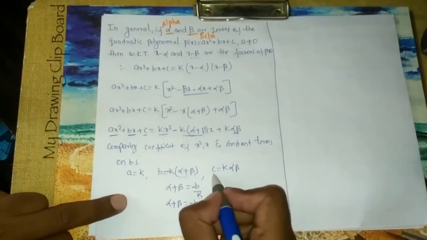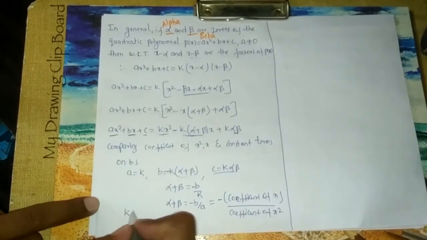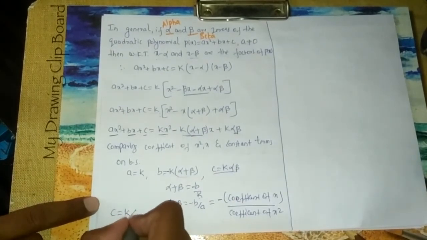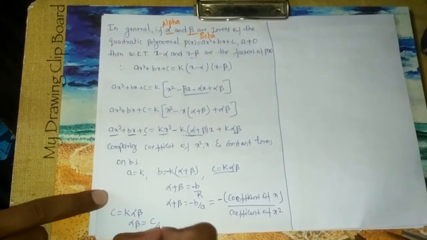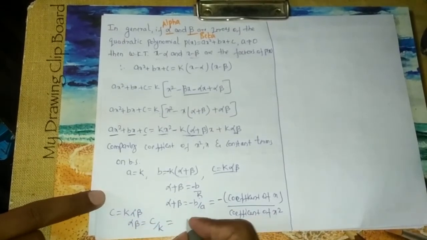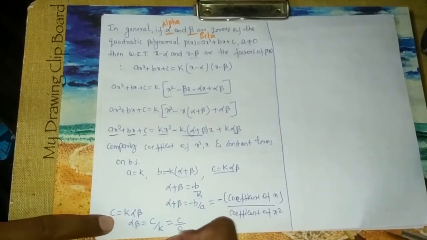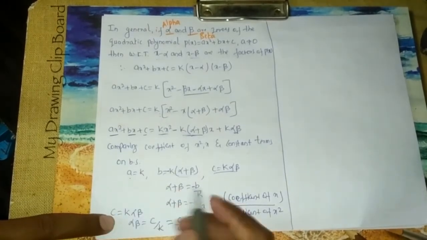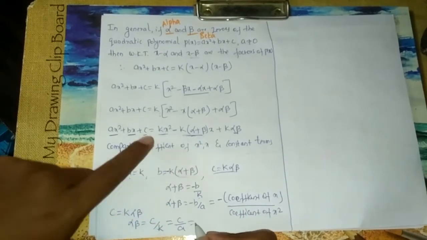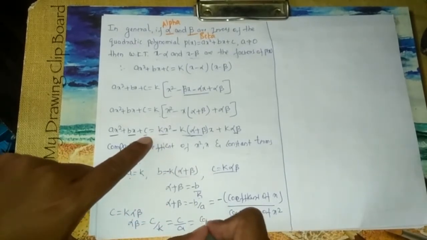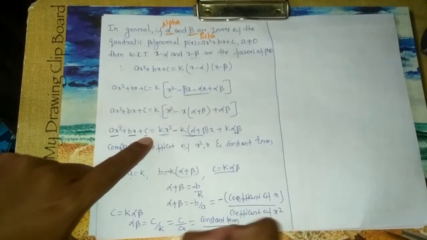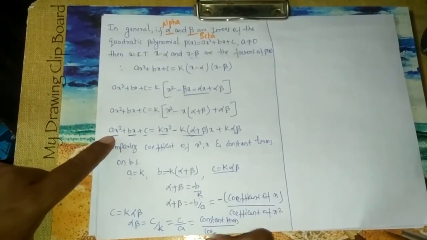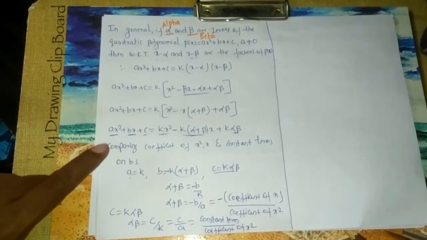Similarly, c equals k into alpha beta, or alpha beta equals c by k, or c by a, since k is a. So c is the constant term, and a is the coefficient of x square.